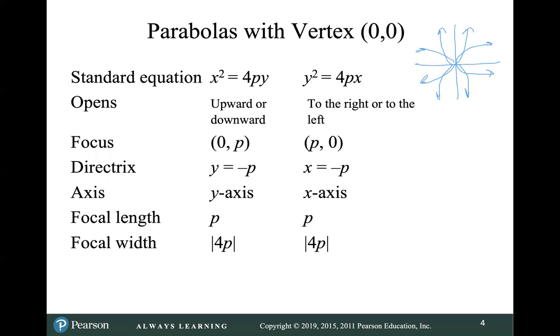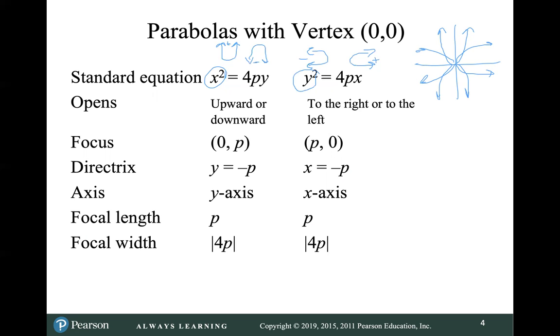The standard equation, when we have our x squared, we've seen this is our function, so that's going to be opening upwards and downwards, and that gives us a positive p or a negative p. When y is squared, it's going to be opening sideways, so it'll open to the right or to the left. To the right is when we have a positive p, and to the left is when we have a negative p. So based on the equation, we can see which direction our parabola will be opening.